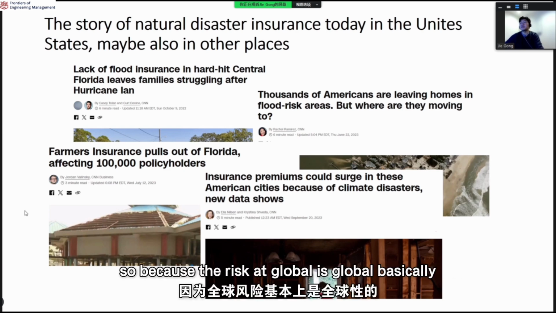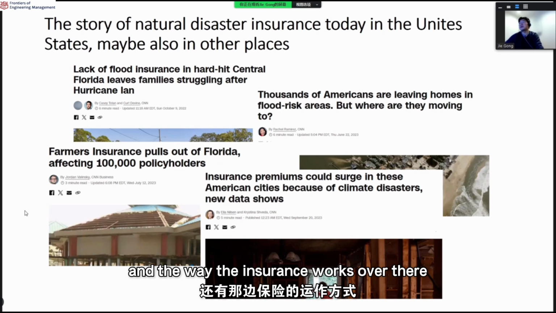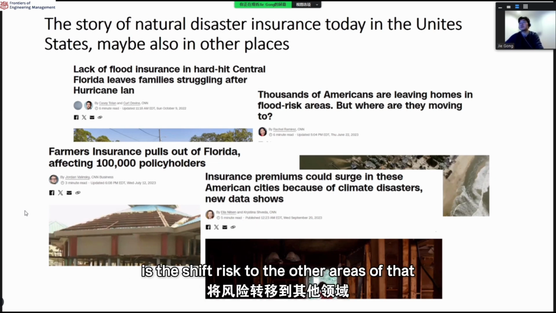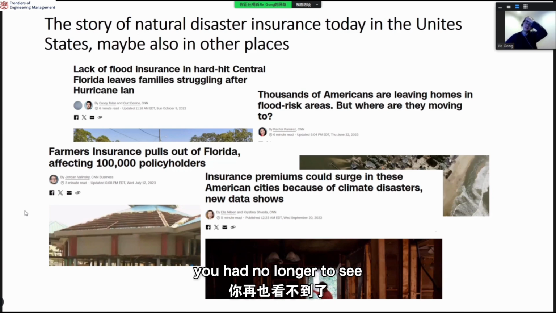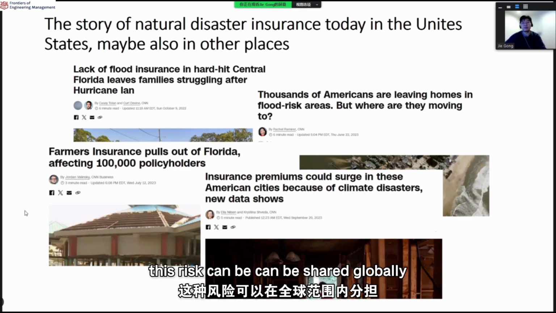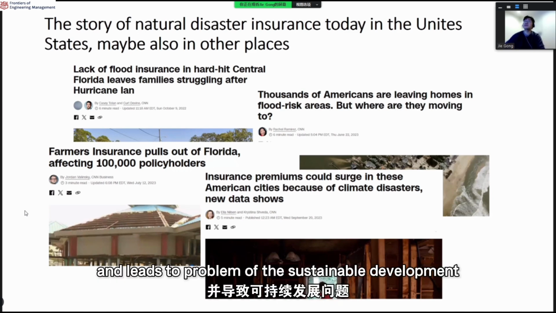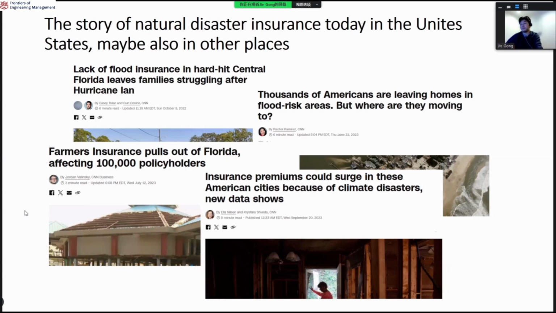Because the risk is global, and the way insurance works is they shift the risk to other areas. But because of these problems, you can no longer see this risk being shared globally, and that leads to problems of sustainable development on many scales.